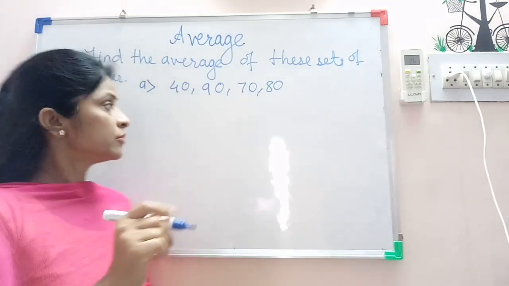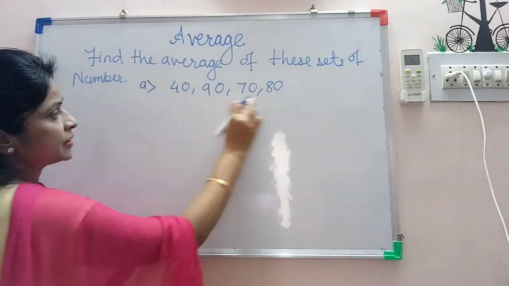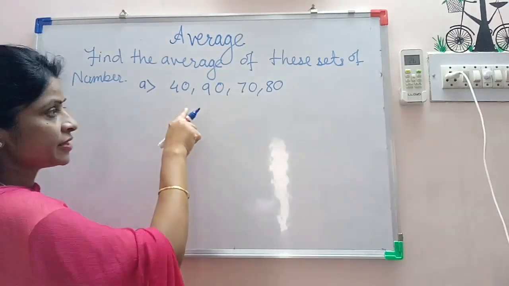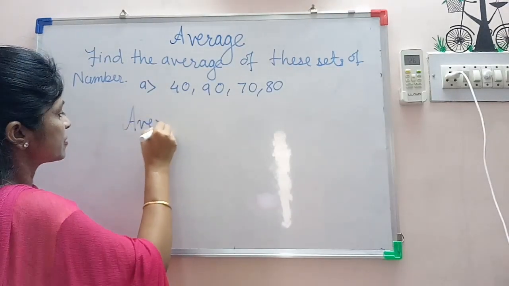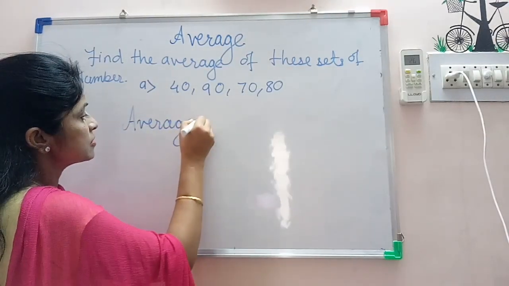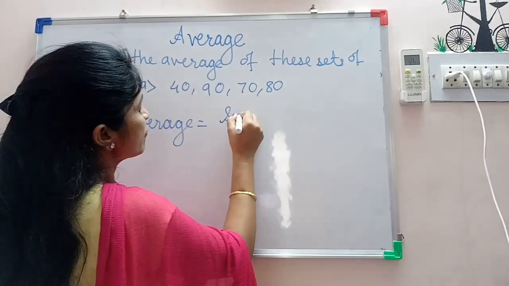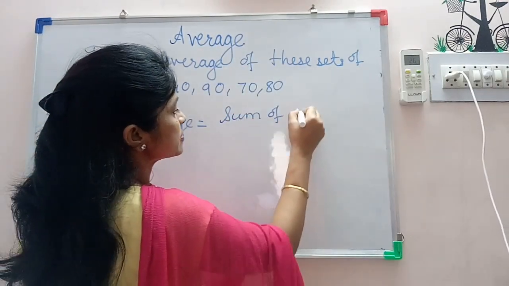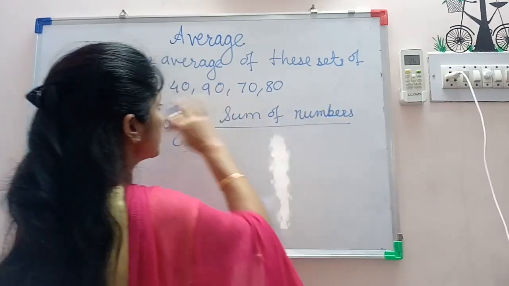Now first of all, what do you have to do? We have to add the addends and divide by the number of numbers. So we will use the formula of average. Here a set of numbers is given, so we will write sum of numbers divided by number of numbers.